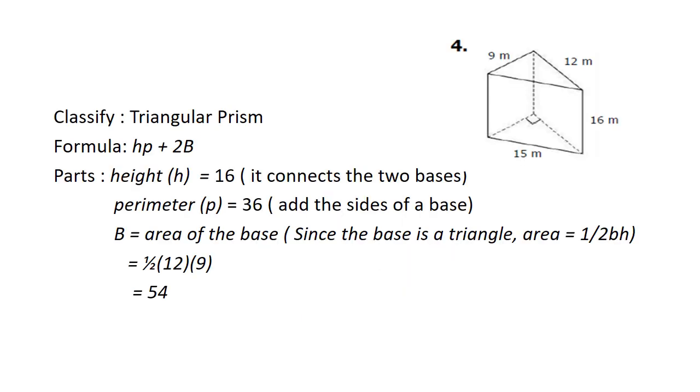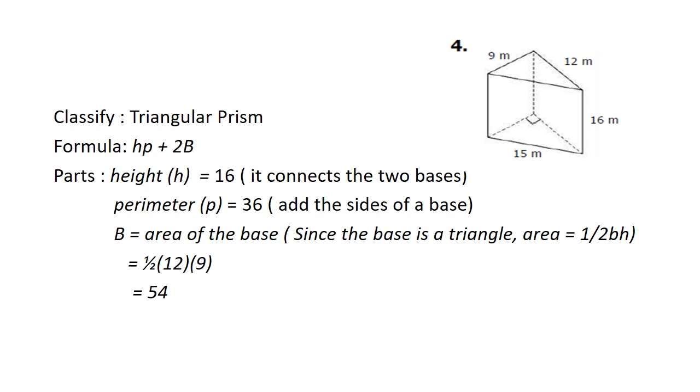The formula for a triangular prism is height times perimeter plus 2 times the area of the base, or big B. My height in this particular diagram is the 16, the side that's labeled 16 meters, because that connects the triangle on the top to the triangle on the bottom.